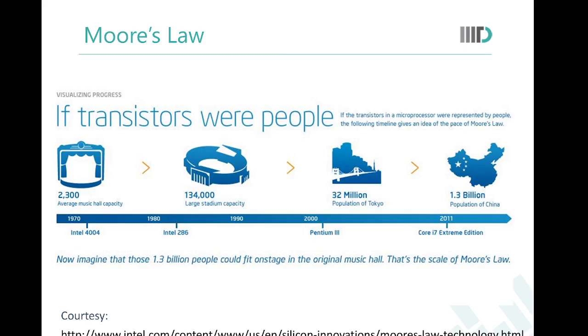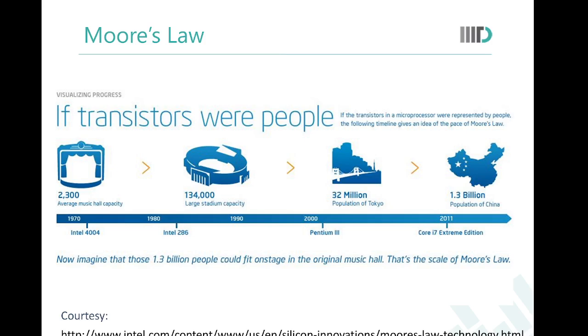Now, that prediction was very interesting, and the most interesting part is that it was holding true till very recently. So, you can think about the enormous growth the number of transistors had in our chips.